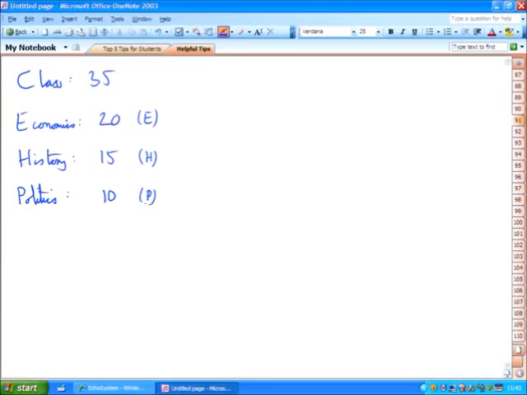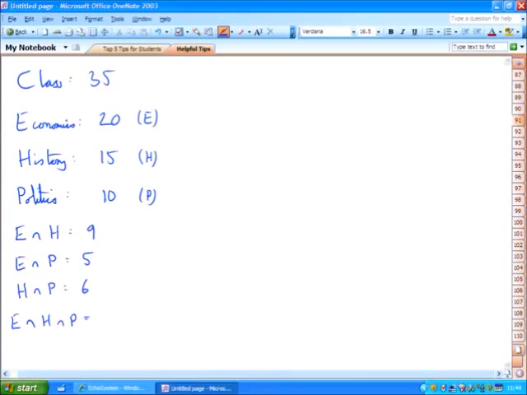Right, of course some students might be studying more than one of these disciplines, so let's assume that in terms of economics and history there are 9 students. There are 5 students who study economics and politics, 6 students who study history and politics, and 3 clever students who are studying all 3 subjects, economics, history and politics.